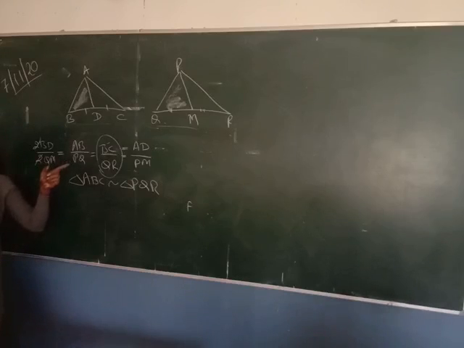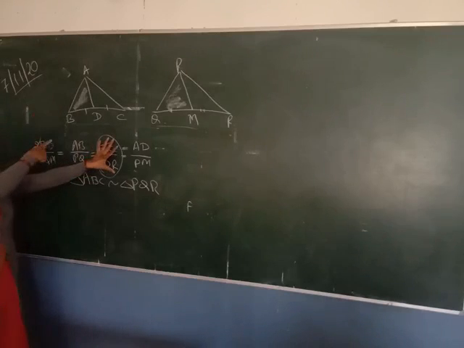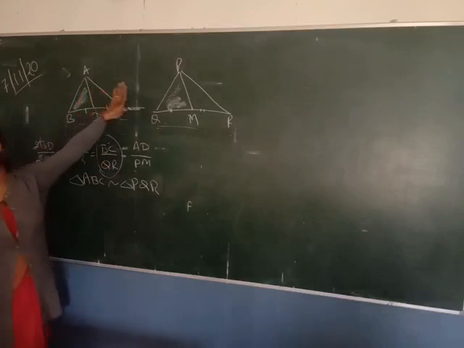Look here. By these three ratios, that is AB upon PQ is equal to BD upon QM is equal to AD upon PM, we can prove that these triangles are similar to each other.